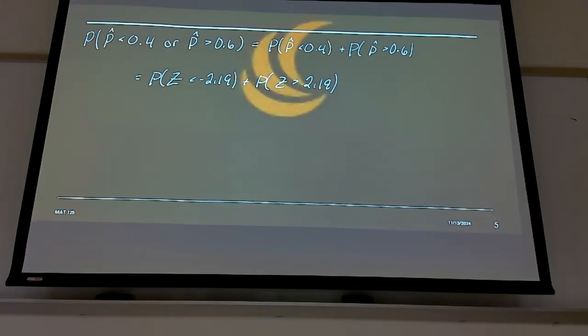Last thing, what does our chart give us, area to the left or area to the right?